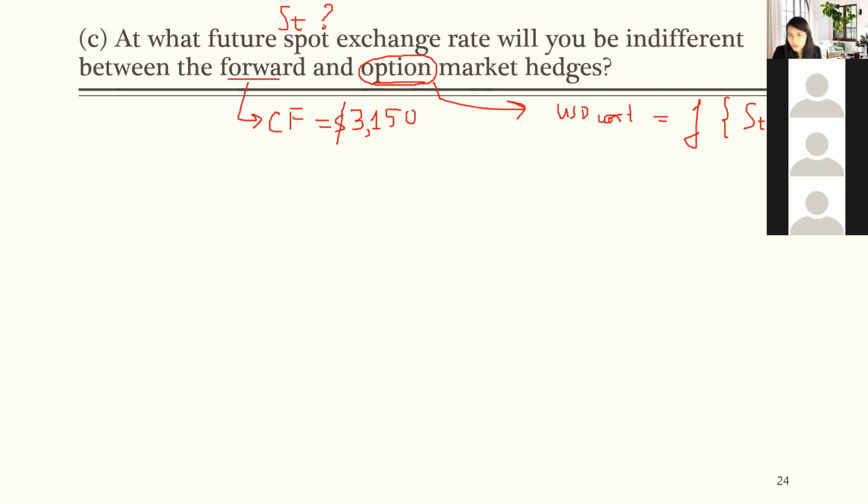Your job is to find the exchange rate that equates these two. So you want to find the exchange rate at which the option market hedge provides the same outcome as 3,150.